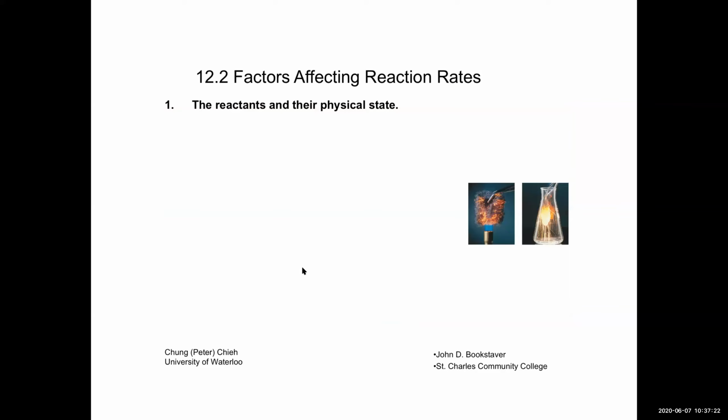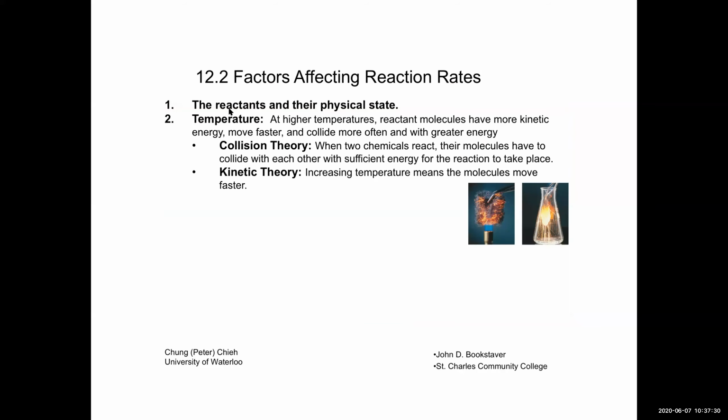So let's look at some factors that affect reaction rates. One of those is the type of reactant, and that has to do with where it is on the periodic table. So typically, if two compounds are reacting together and they're on opposite sides of the periodic table, let me put a periodic table here under my notepad camera.